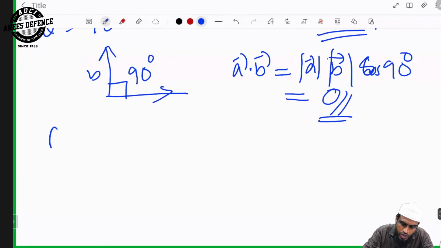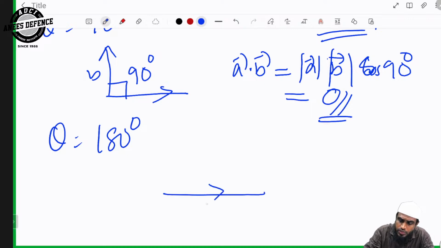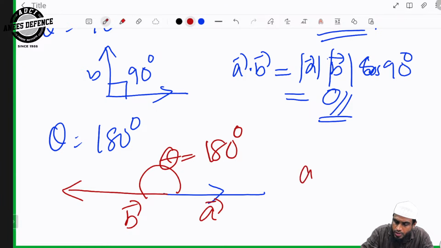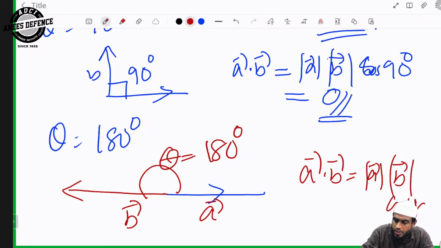Then another case, theta equal to 180 degree. Here one vector is like this. The other vector will be in the opposite direction. This is A and this is B. So the angle between the two vectors is theta equal to 180 degree. So in this case, A dot B becomes mod A mod B cos 180.